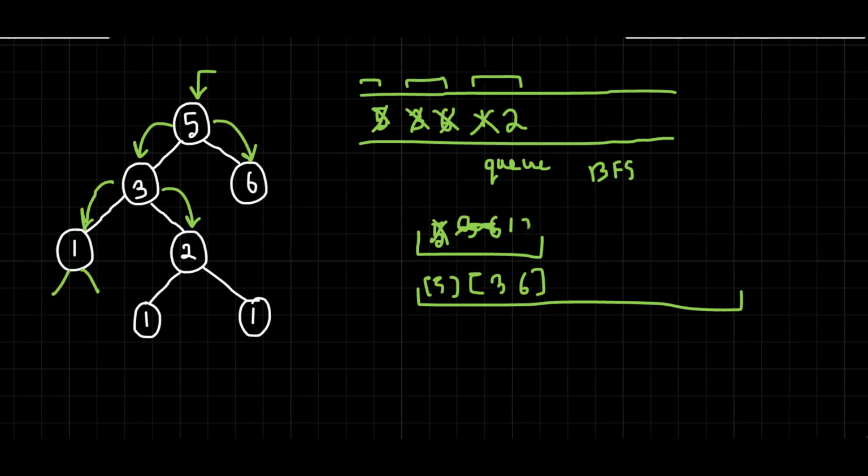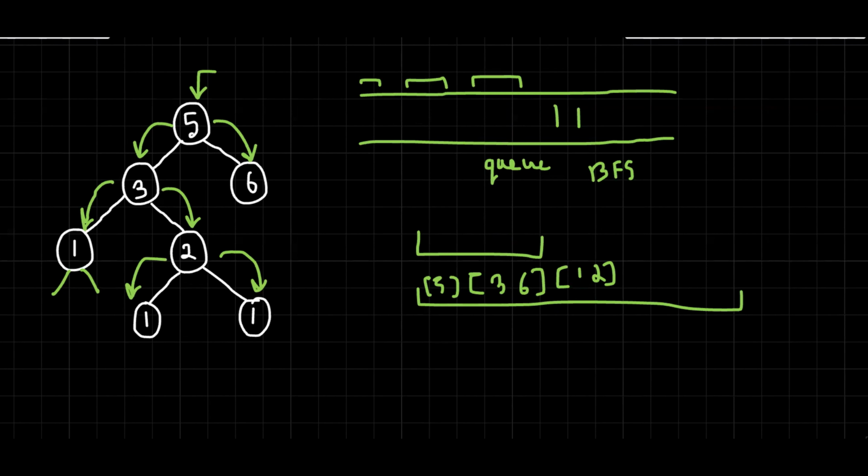So we have to add 2 to the small vector. But 2 has left and right children, which are 1 and 1. So we have to add them and remove the element 2 from the queue. Now, our smaller vector elements are 1 and 2. So far, so good. Now we have completed the iteration of the third level.